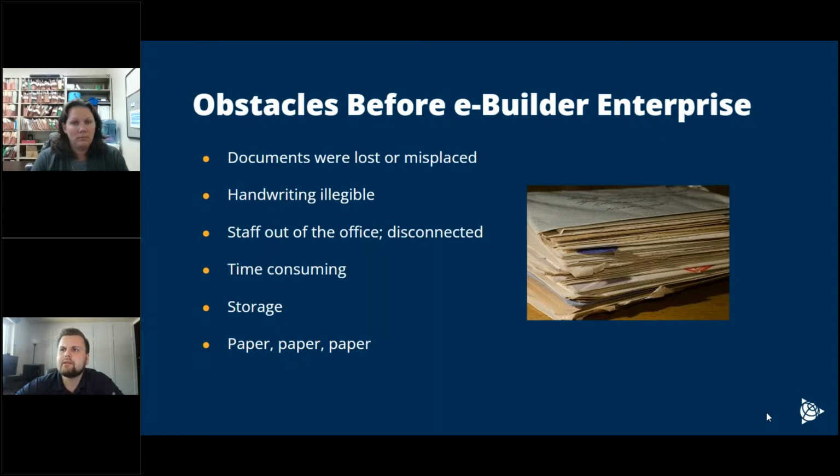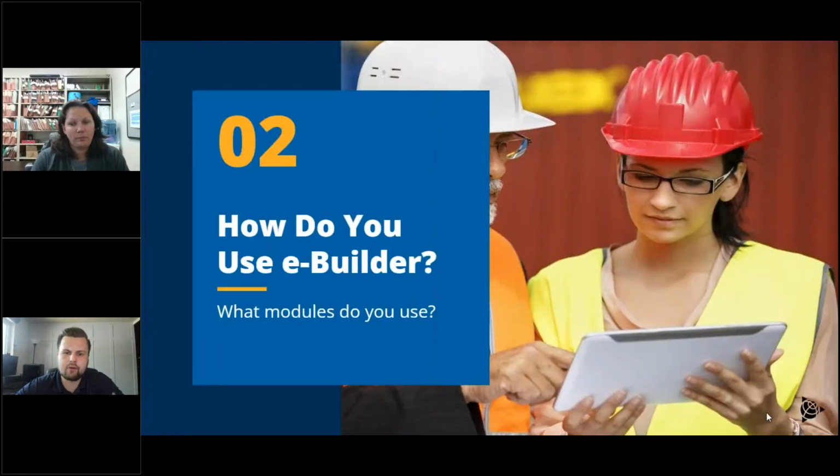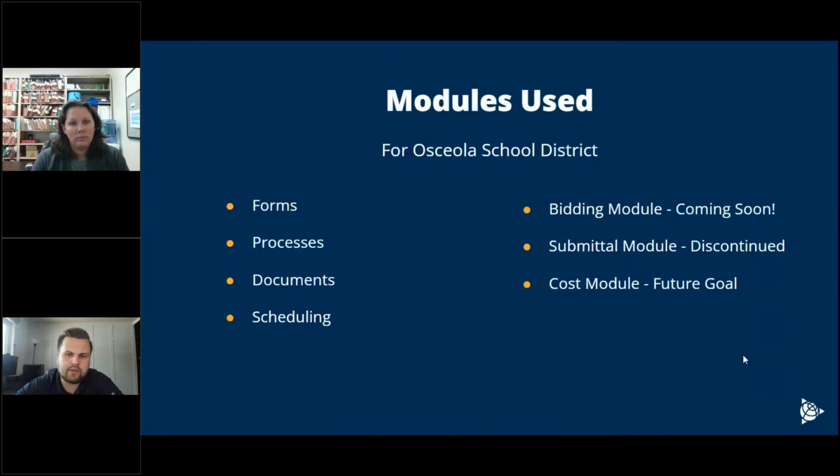Moving on, let's jump into how your organization uses Ebuilder today. Why don't you dive a little bit into some of the most popular modules that your employees use, as well as functionality? Okay. The most popular module we use is the processes.